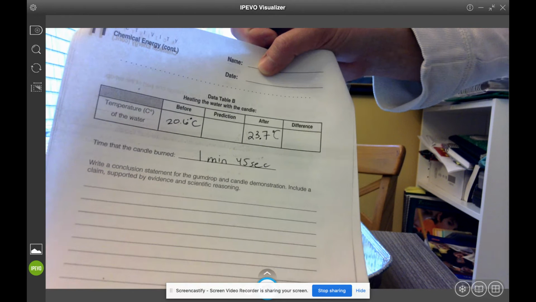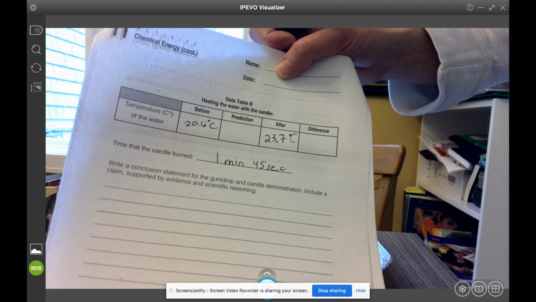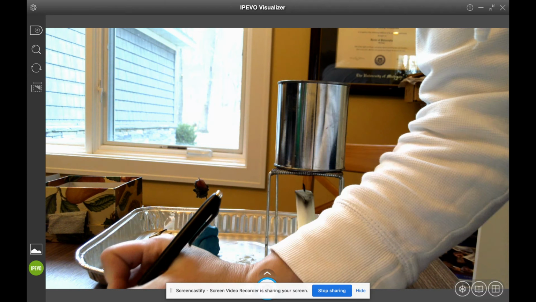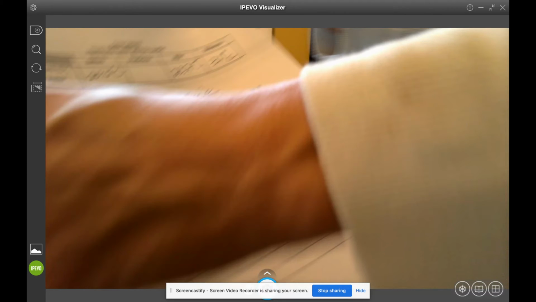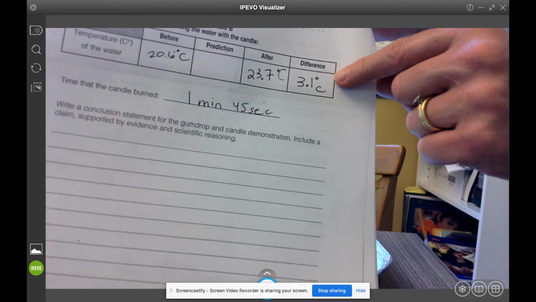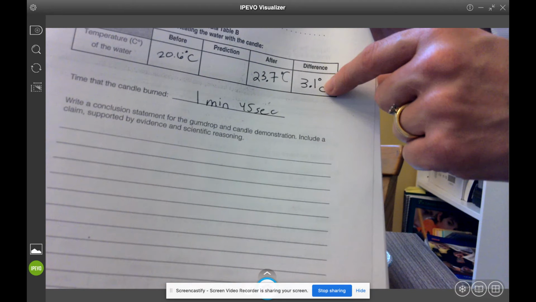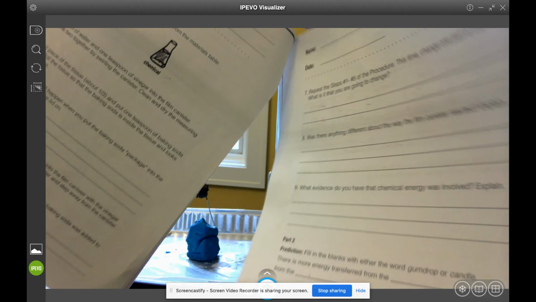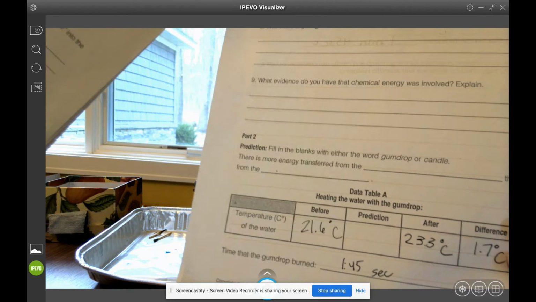If we do 23.7 minus 20.6, we get 3.1. So the candle caused a difference of 3 degrees, a little bit more, 3.1. It raised 3.1 degrees. The gumdrop only raised it 1.7 degrees.